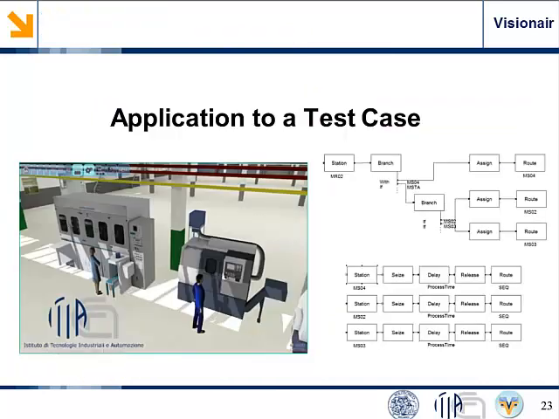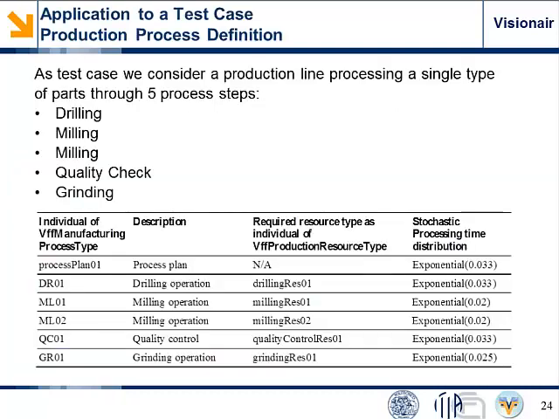So now I finish the theoretical part of my presentation, and I will show you an example of using Jove together with Arena to measure the performance of a manufacturing system. What I'm going to do is consider a simple test case. We have a production line that is able to manufacture a single class of parts, operating 5 different process steps.